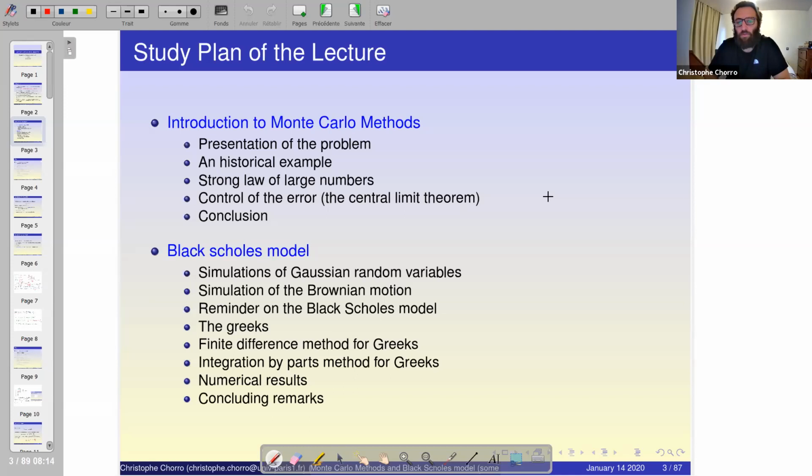In the Black-Scholes model, the solution of the stochastic differential equation is given by a geometric Brownian motion. So I have, up to constants, the exponential of a Gaussian distribution. So the Gaussian hypothesis is crucial in the Black-Scholes framework.